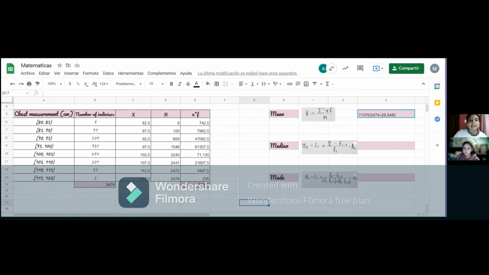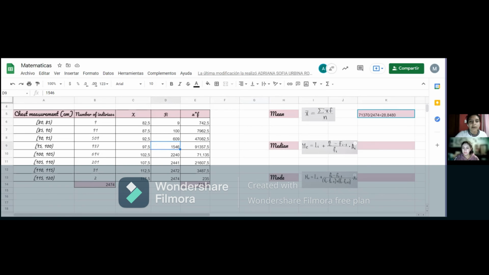To obtain the median, we'll use this formula, but first we will divide n by 2 and we will take the interval equal to or greater. This time, we had 2,474 divided by 2, and the result is 1,237. And the greater value is 1,546, and we will use this interval.